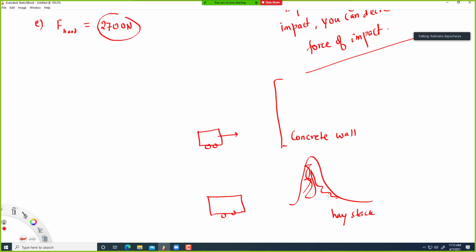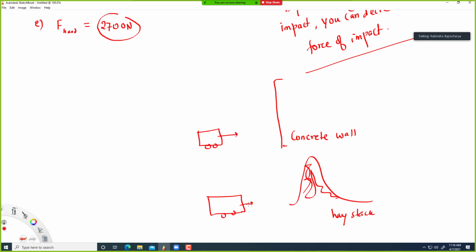So you want to stop your car and you have two options: hitting a concrete wall or a haystack. Haystack, yeah, that's obvious, right? But why? It won't be a sudden impact.